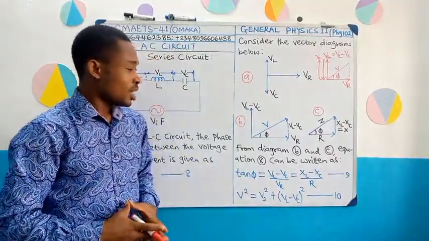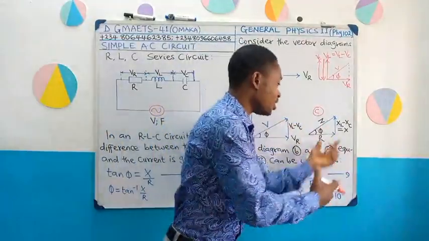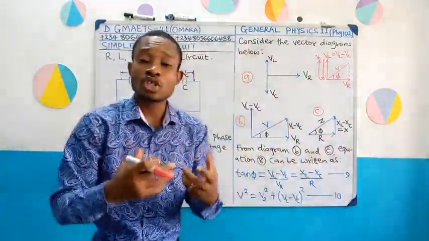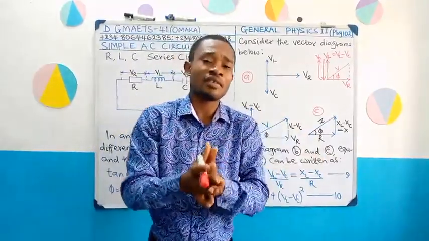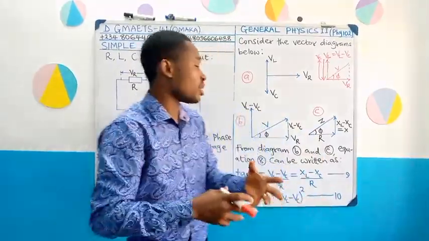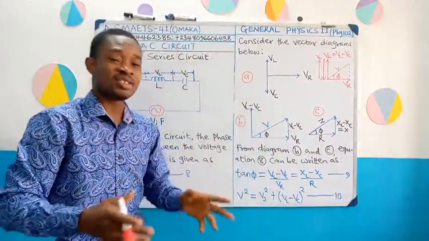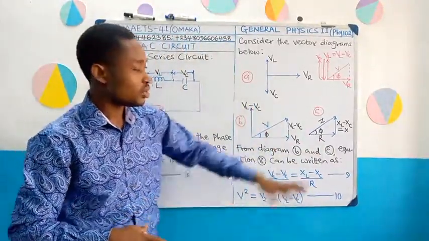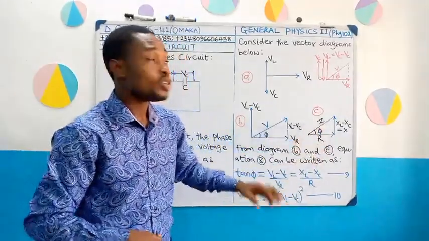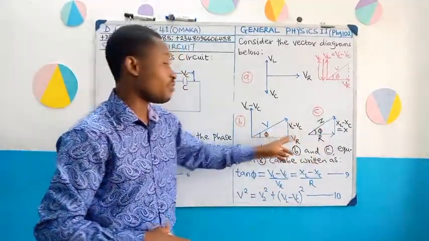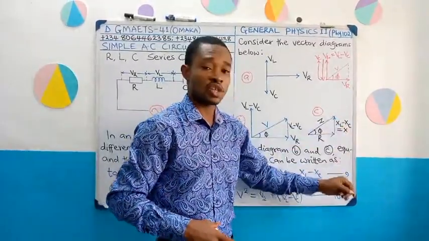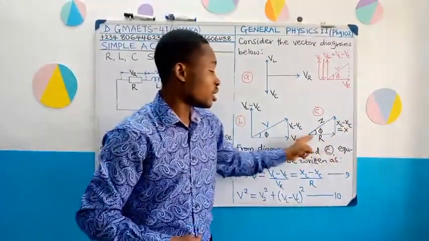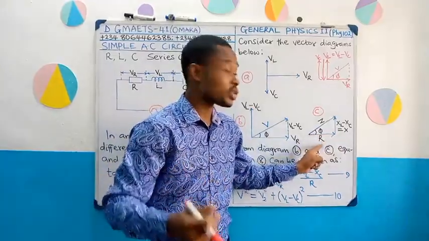Now, when we translate this into the opposition to the flow of current diagram, that is the reactance diagram, the impedance diagram, you now notice that it's going to follow the same format. The vertical is going to be XL minus XC, which is our reactance. The horizontal, the reference point, is our resistance.